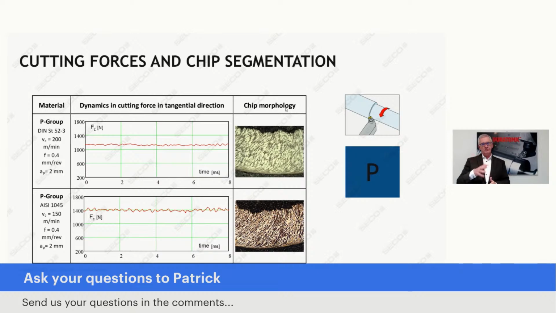If you look at the chip section, you see a rather fluently formed chip, what we refer to in daily terminology as a long chip. So traditional steel, no cutting force variations. The risk of having micro vibrations is rather low.